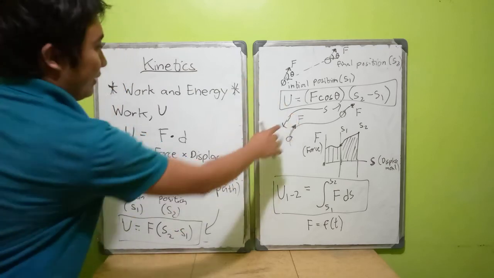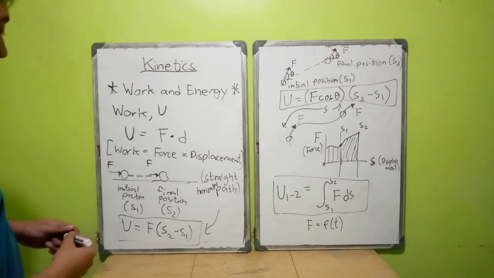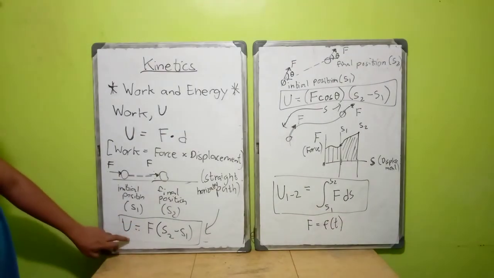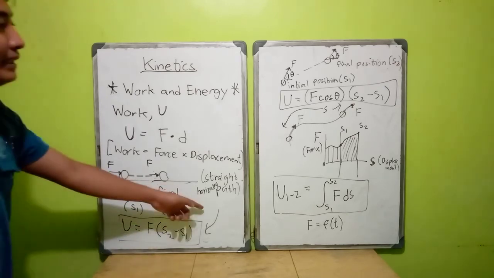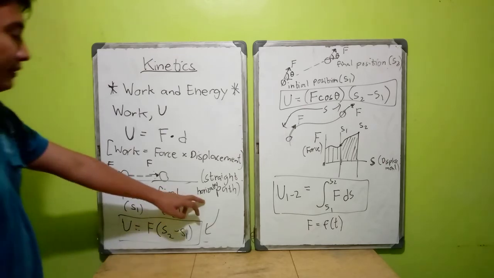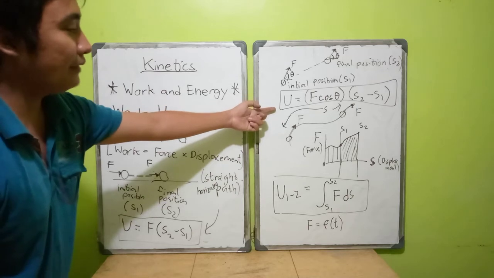So in order to lessen the difficulties, just remember these formulas. This first equation is for the straight path, perfectly horizontal, and if it is inclined, you use this formula.